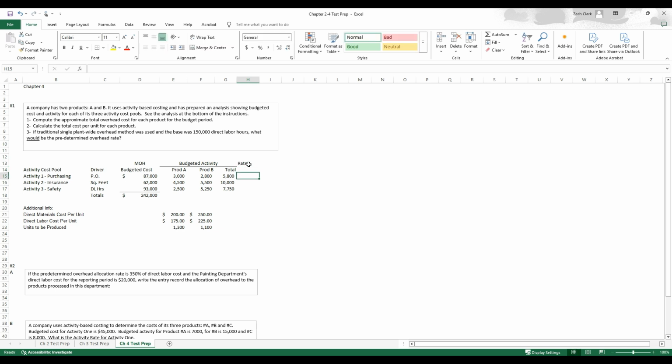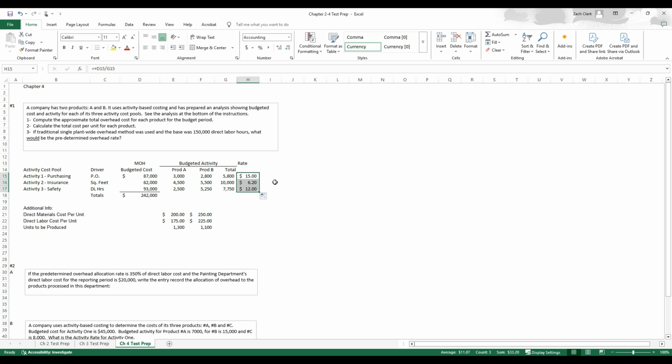So to get the rate, we're just going to take the total cost divided by the total activity. Similar to what we've been doing with the traditional method, but we're having 3 different overhead rates as opposed to just the one we had typically in Chapter 2, especially. We were looking at that most directly before.